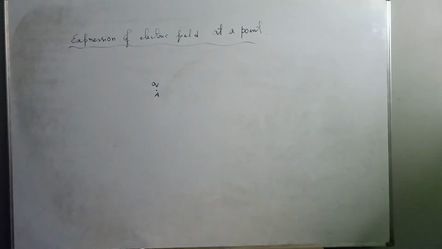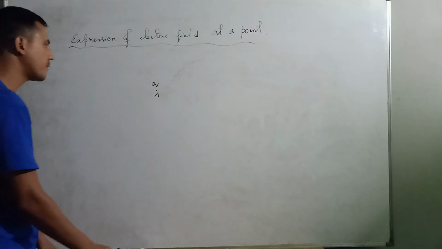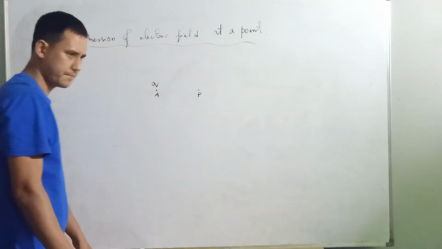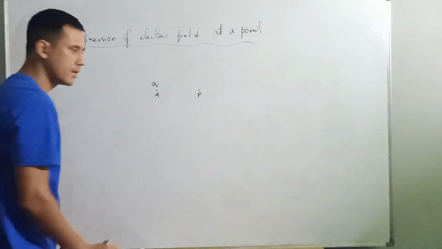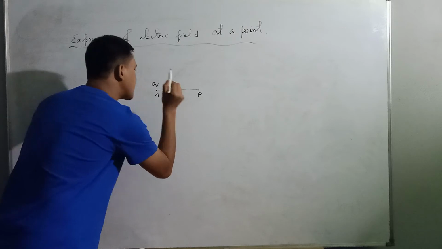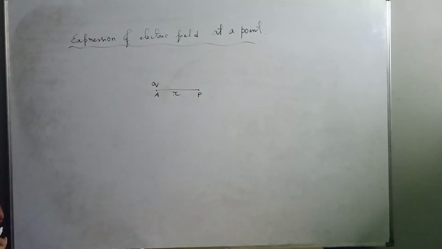Now I want to determine the value of that electric field at any point P. And let's say that this point P is at a distance r from the source charge.